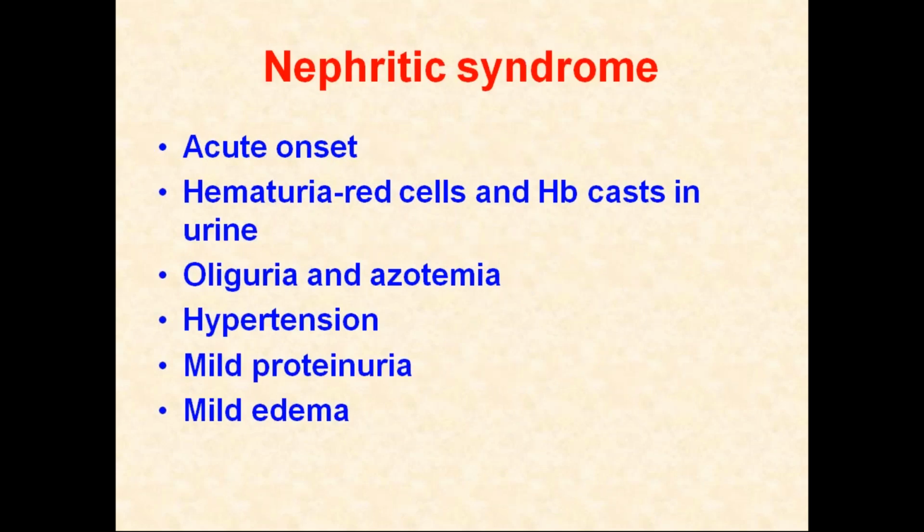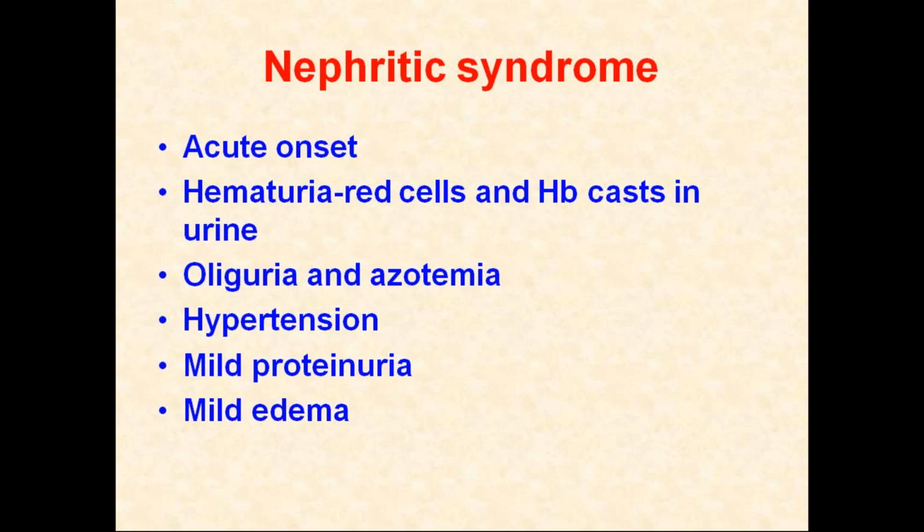Now, we have discussed nephrotic syndrome and also a little bit about nephritic syndrome. What is nephritic syndrome? You have an acute onset and predominantly hematuria. What do you understand by hematuria? Red blood cells and hemoglobin casts in the urine. The patient will also have oliguria, azotemia and hypertension. These terms we have already familiarized ourselves with.